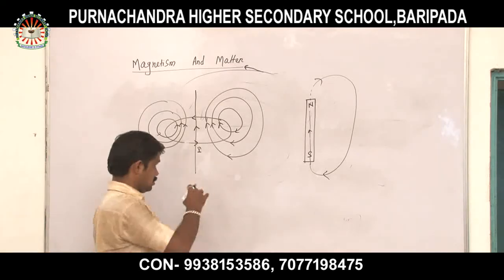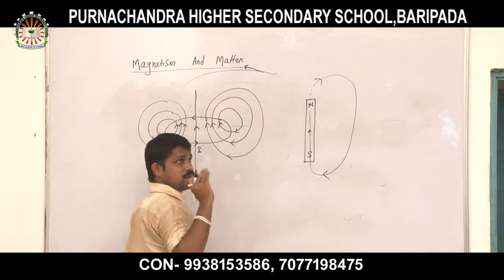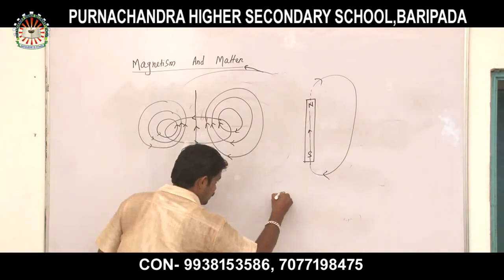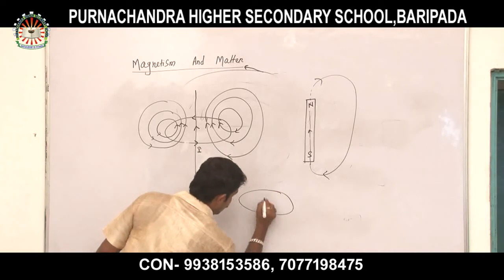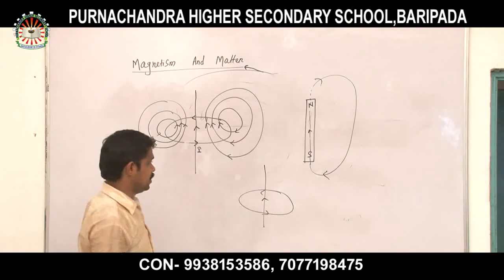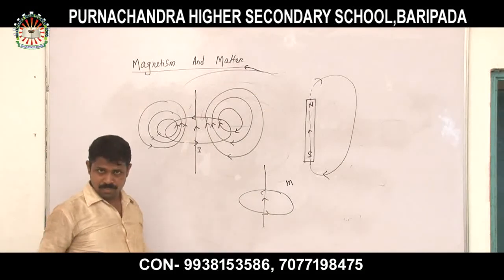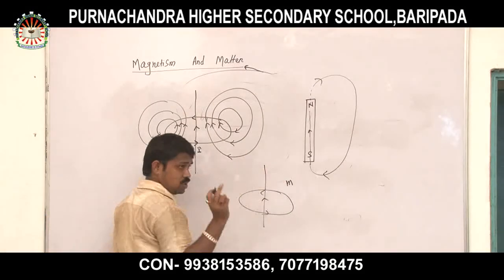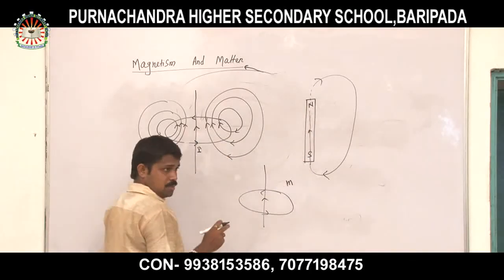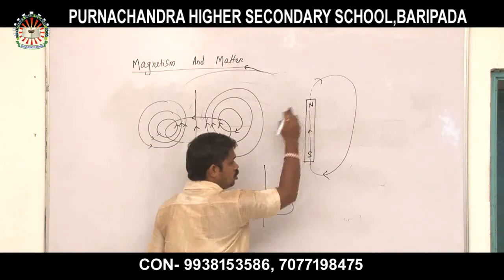This bar magnet has a particular magnetic dipole moment M. If I draw it separately, this is the direction of the magnetic field and also the direction of the magnetic dipole moment M, because the direction of magnetic dipole moment is from south pole to north pole, inside the magnet.